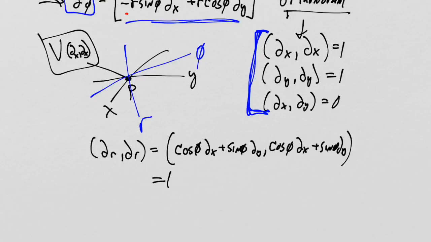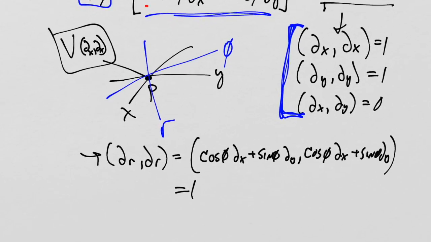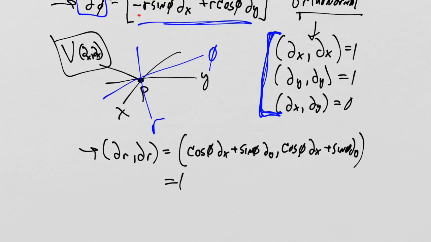So this orthonormality, partial r is normal. So I have to check partial r, as a vector with its inherited inner product in the new coordinate system, and it is going to be normal. So now I want to check the other one.